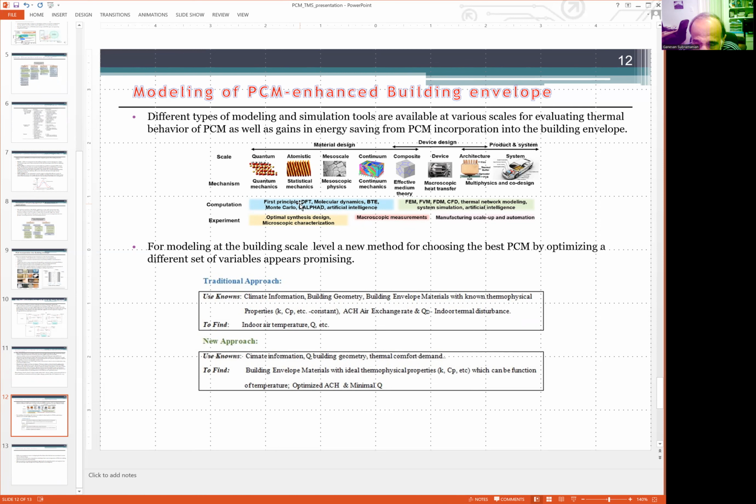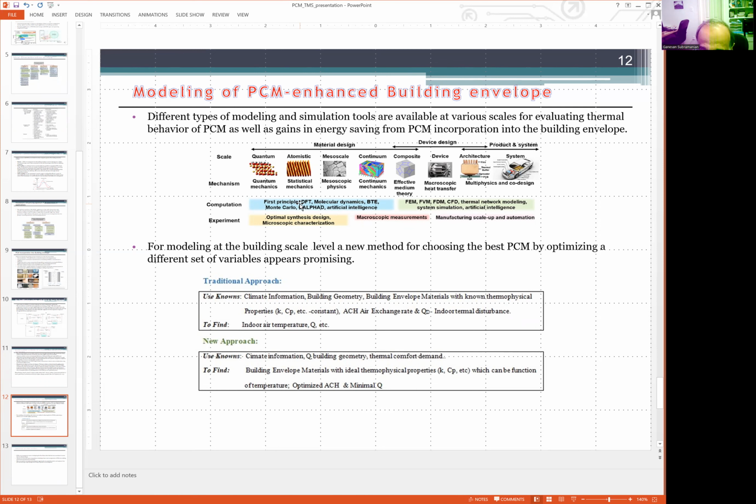the science and the engineering involved. So if you're looking at just the PCM properties, say, for example, supercooling, you might look at it at a quantum mechanical level, or a statistical mechanical level, or mesoscale physics, or, when you go to the device design, in terms of continuum mechanics.